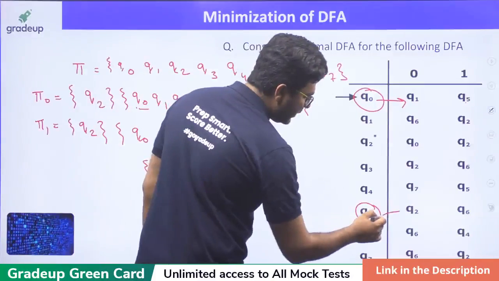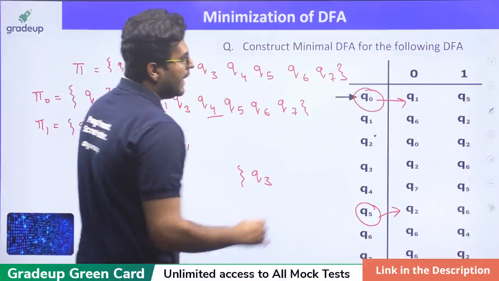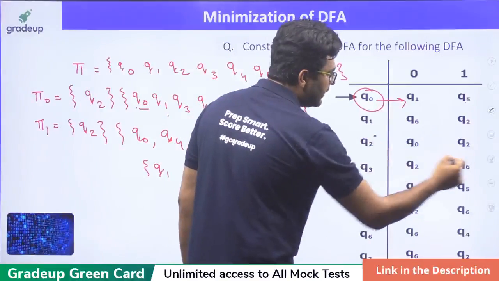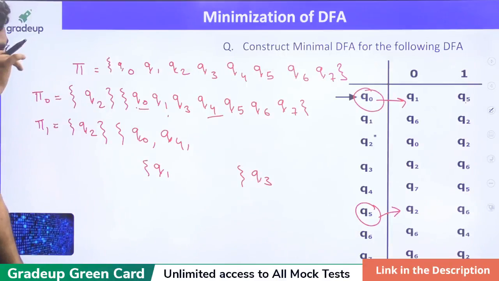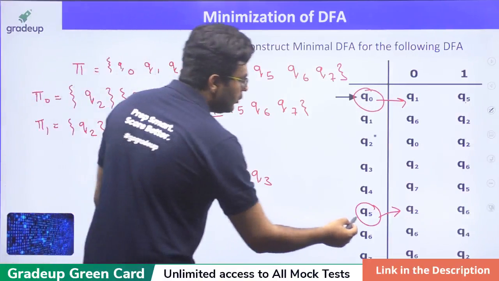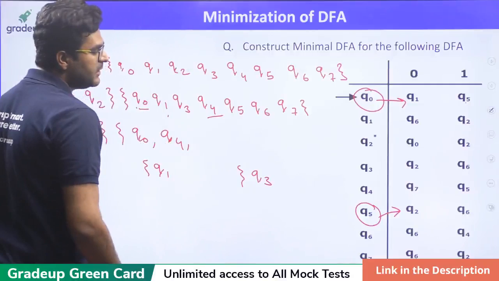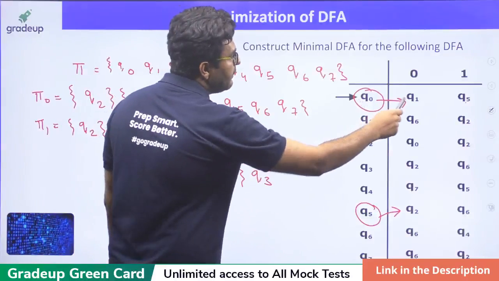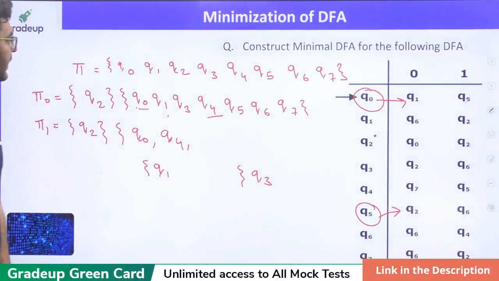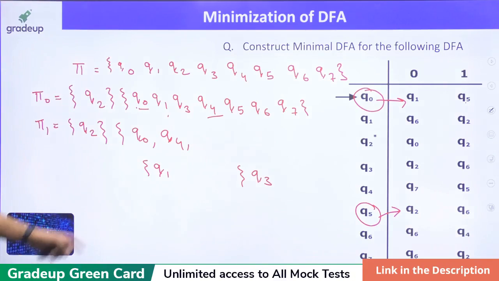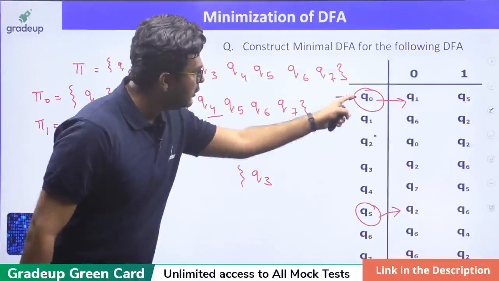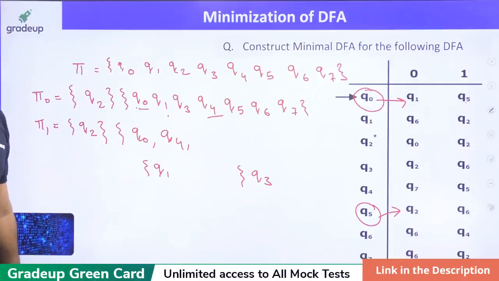Usually the question will have lines over here and it's not having lines, so that's why the problem is occurring. Fine. So let's see Q5 with Q2. Q5 is with Q2, and at Q0 we are getting Q1. So Q1 and Q2 are in different sets. So we cannot keep Q5 with Q0.